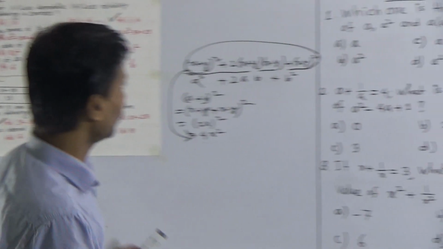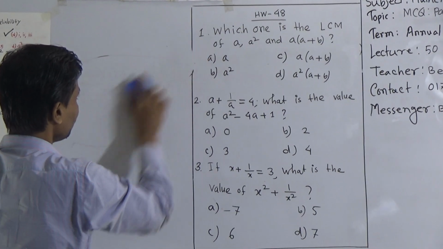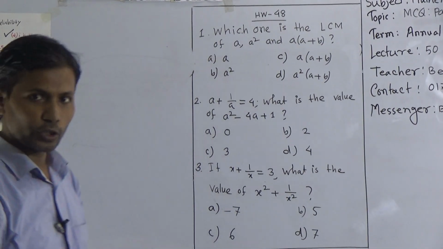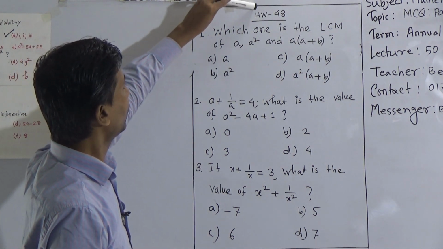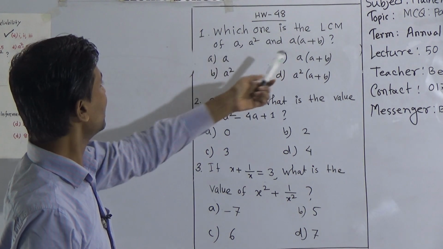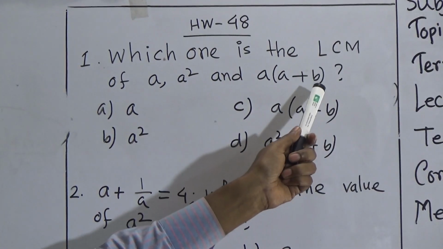Now I want to talk with you about our SW topic. Dear student, look properly at SW number 48. Which one is the LCM of a square and a into a plus b?